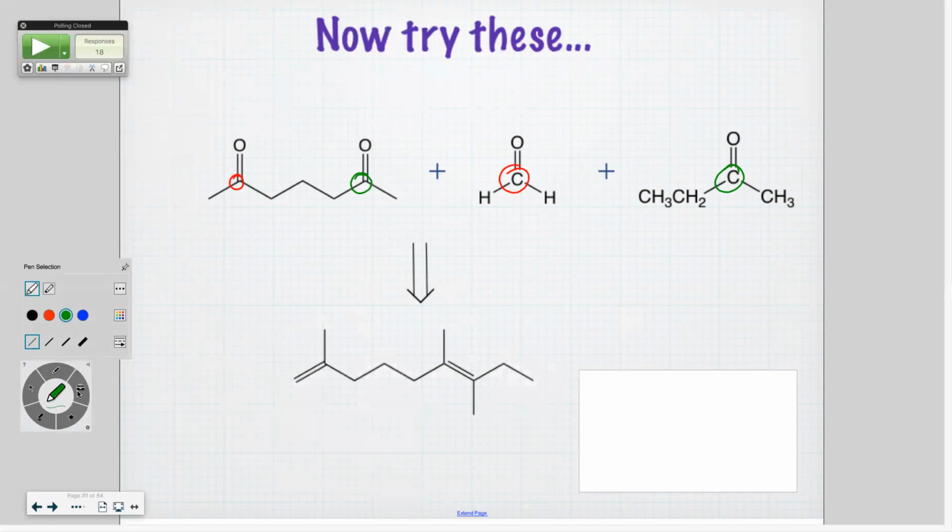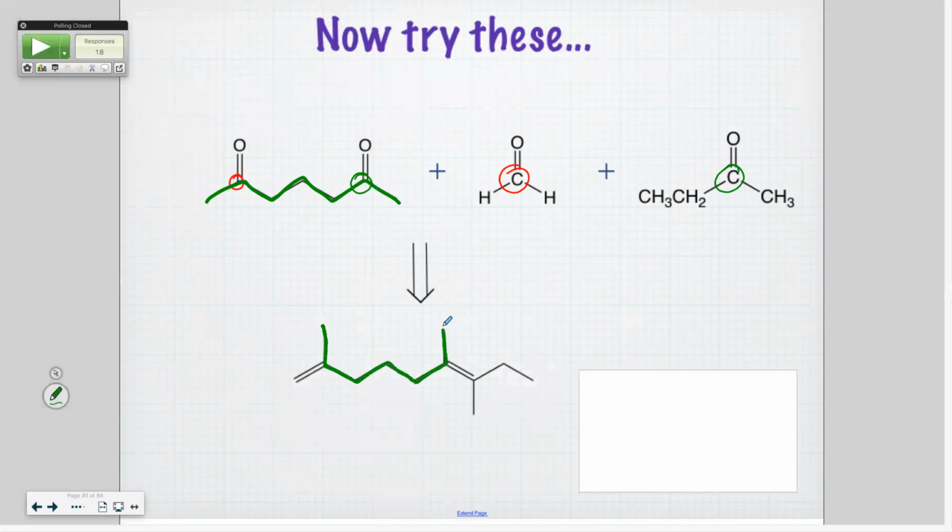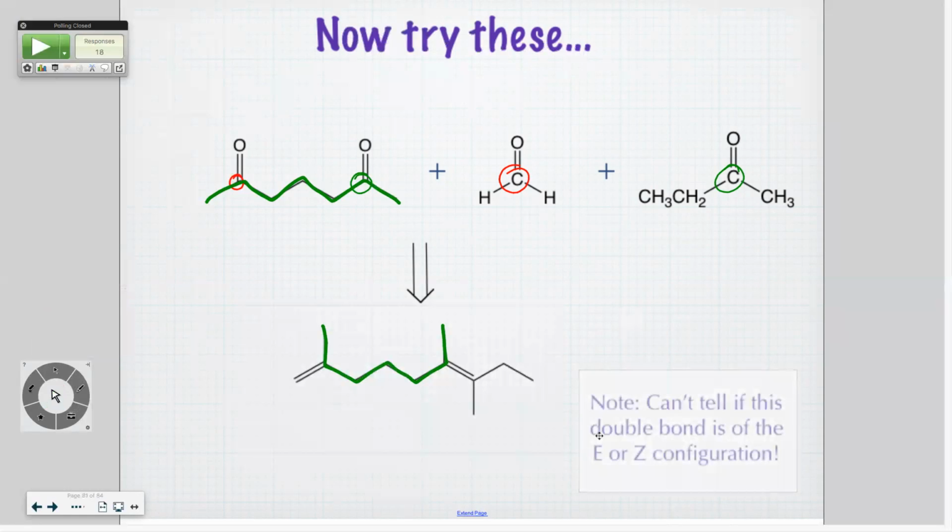Okay, so these carbons, I'm going to mark them in here. See how it went together? Okay. Now, if you look at this double bond right there, did anybody draw it different? Okay. You cannot tell if the double bond was E or Z, cis or trans, using this method.